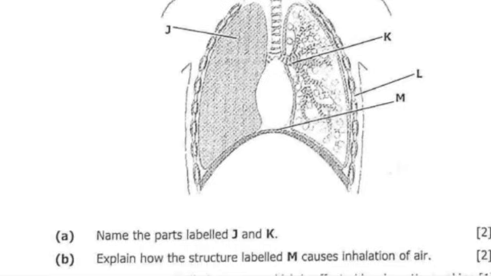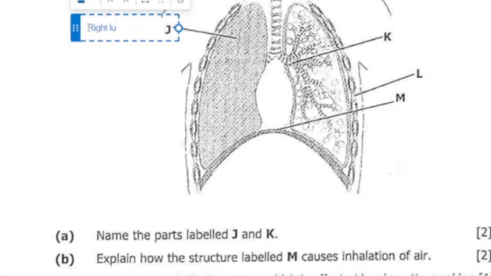Okay, so we can label these parts. So we have got J, that is, this diagram is facing us, so that will be right lungs.